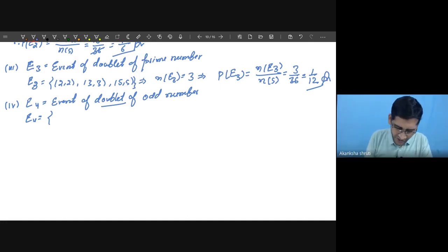So doublet of odd number, it can be 1 1, 2 2 cannot be taken, 3 3 and 5 5. That's all.